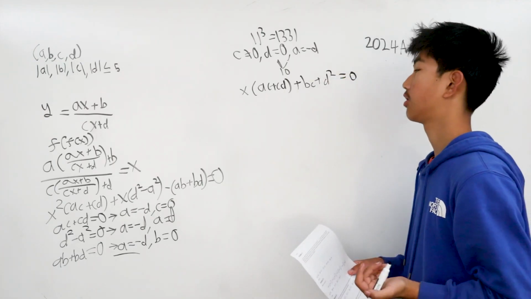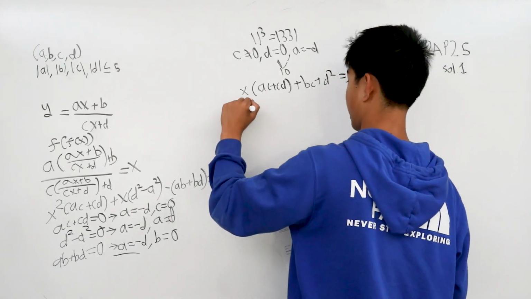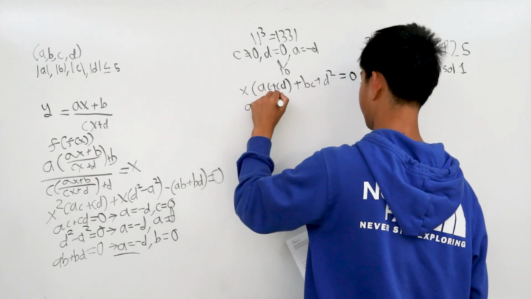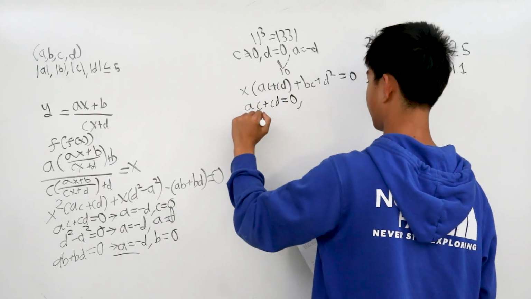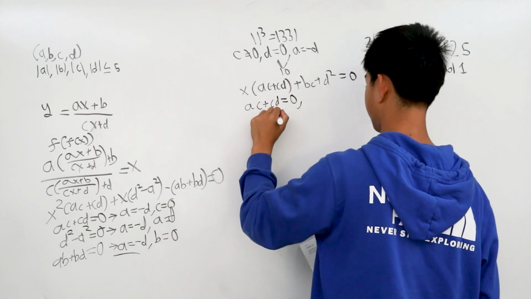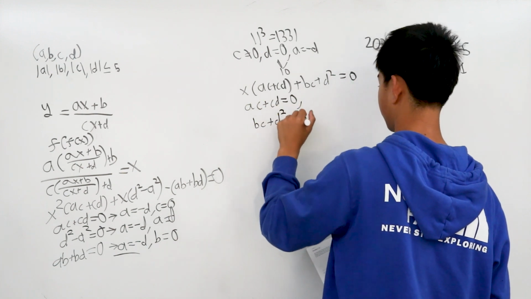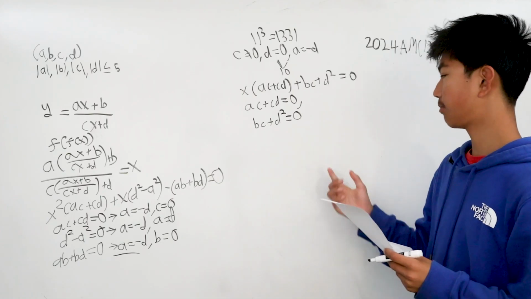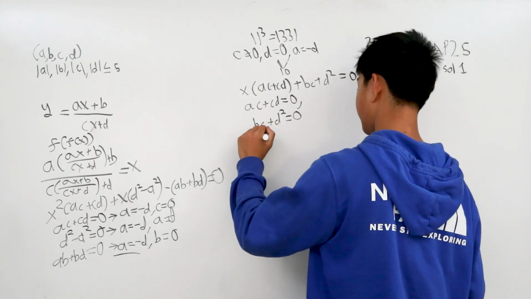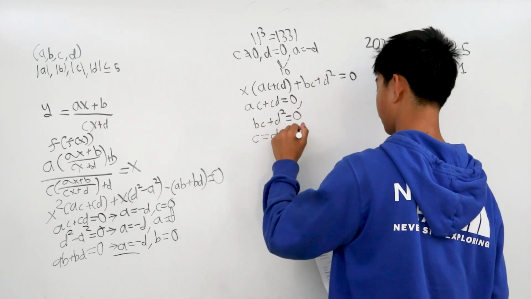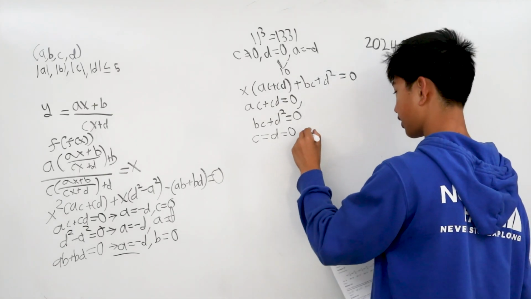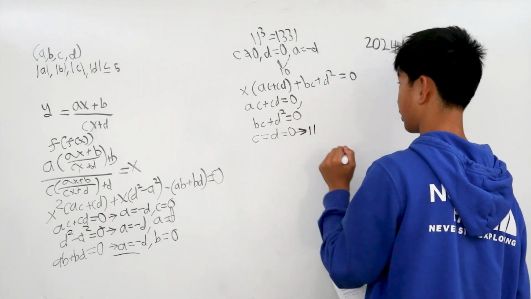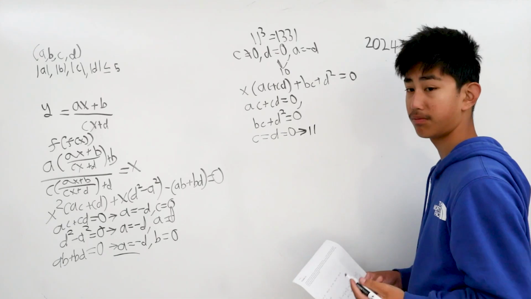We then get, again, two conditions: ac plus cd is 0, and bc plus d squared is 0. And then from here, if c and d are 0, we have to subtract 11 cases because we overcounted for this.